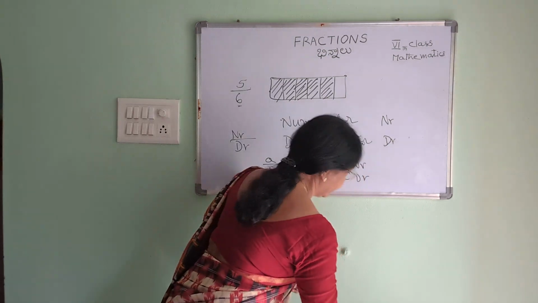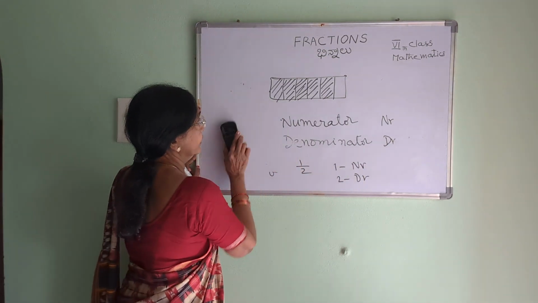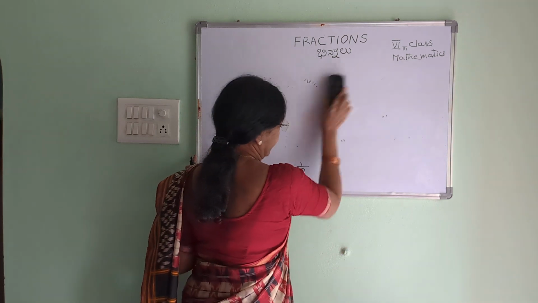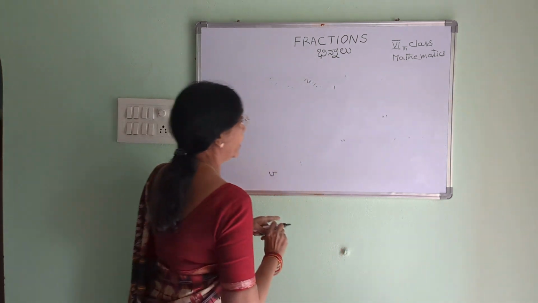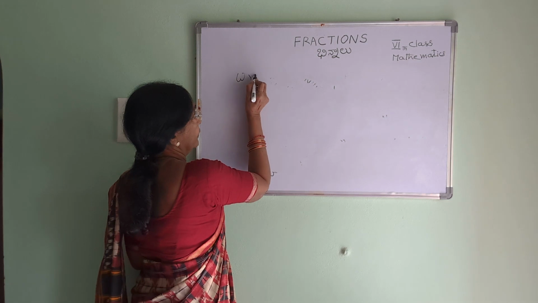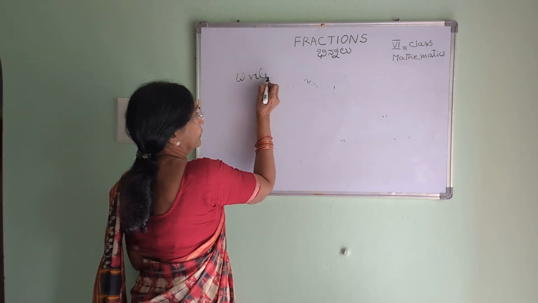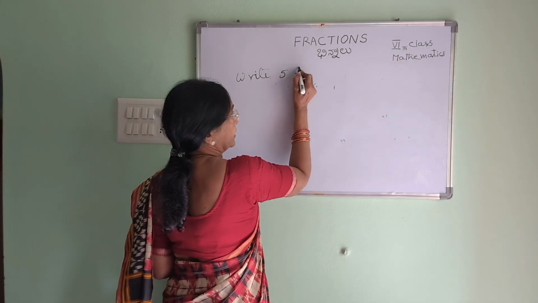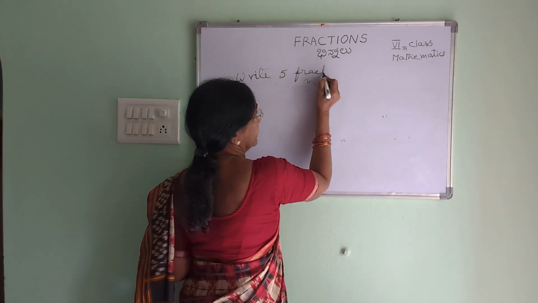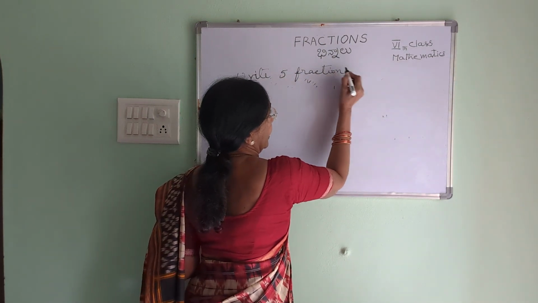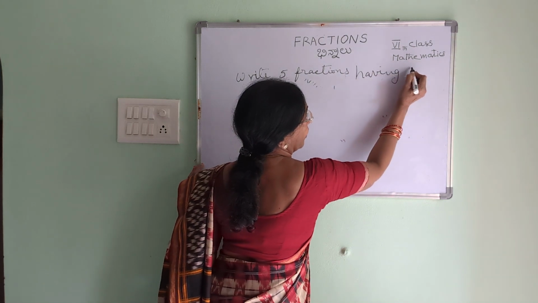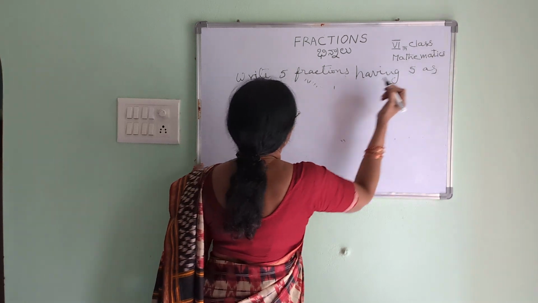Now I will give you a problem. Write 5 fractions having 5 as denominator.